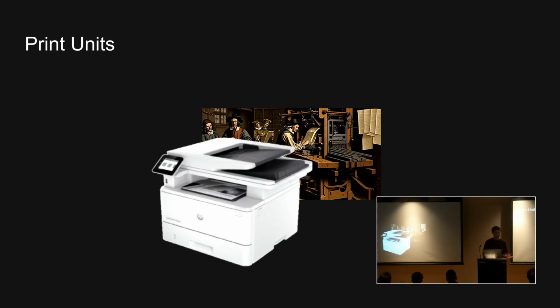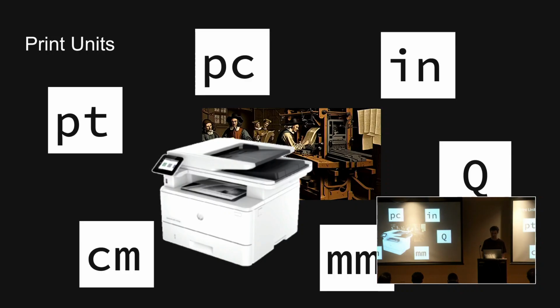The first thing we base off the pixel are print units. I know I just talked about the web being better than print, but some people actually use CSS for printing things. And we have a bunch of units for that. I've never used any of these. I don't think you should memorize them. But if you want to print something with web technology, go and look into them. Now you know they exist.